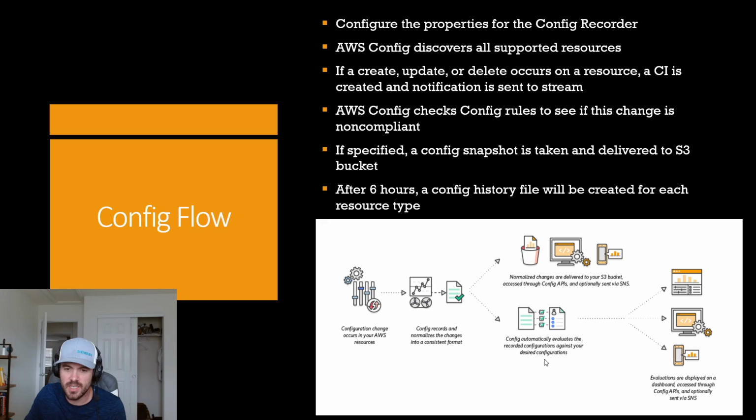And additionally, once we have this change that gets recorded, we're going to automatically evaluate the recorded configurations, what happened over here, against our desired configurations, which is what we have set up to say, we need our config and our changes and our resources to fall in line with this. It's going to compare and evaluate what's happening to what's allowed.